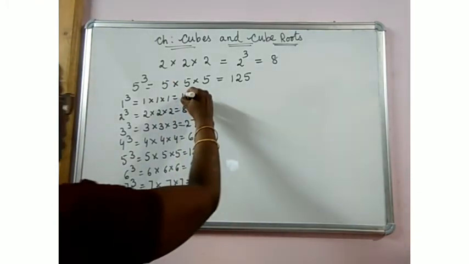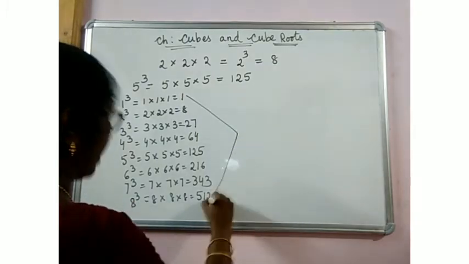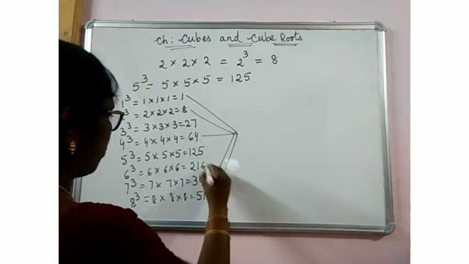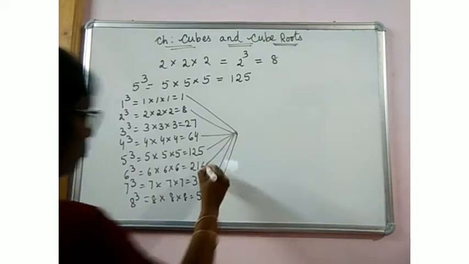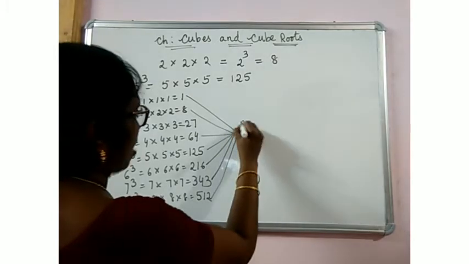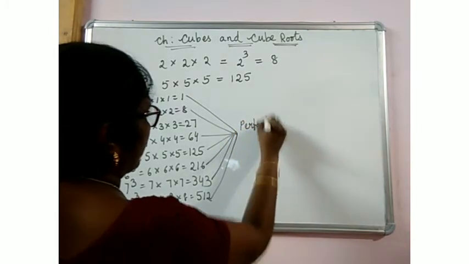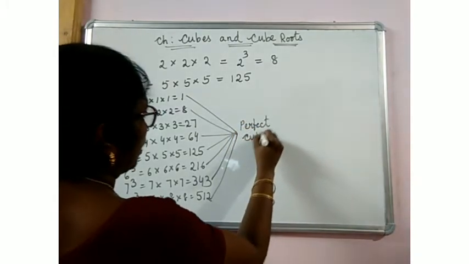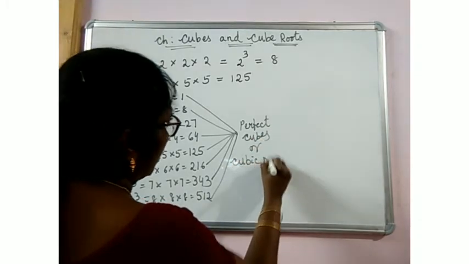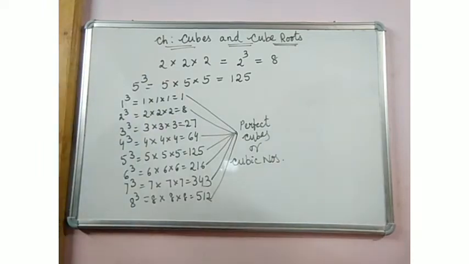And these numbers 1, 8, 27, 64, 125, 216, 343, 512 are known as perfect cubes or cubic numbers.